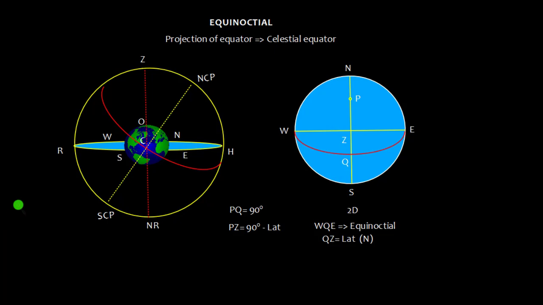The south pole is not visible in this diagram. From the equator to the pole is 90 degrees, you know it very well. So from the equinoctial to the celestial pole is also 90 degrees, and this is your latitude. So obviously this PZ is 90 degrees minus latitude.